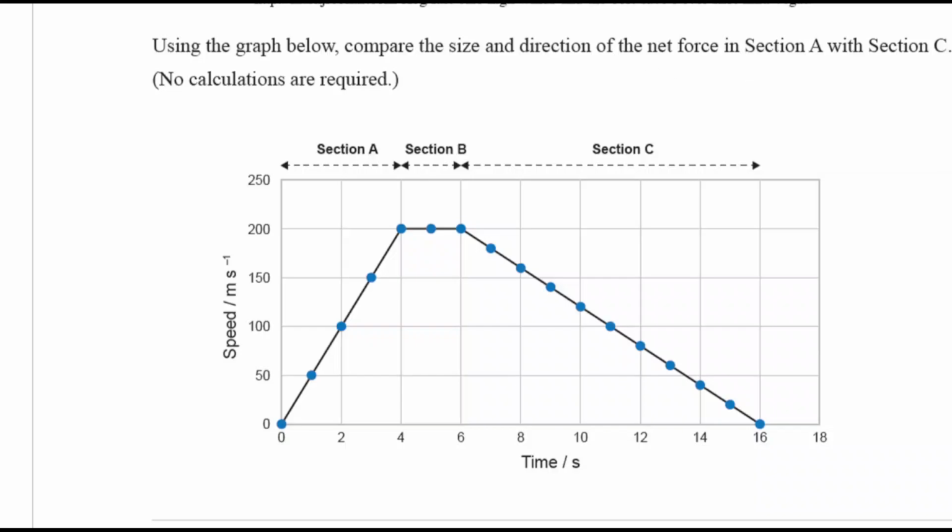Well, from the previous two questions, we said in section A, net force is to the right as it's accelerating, and in section C, since it's decelerating, net force is to the left. Right, assuming the dragster is moving to the right.